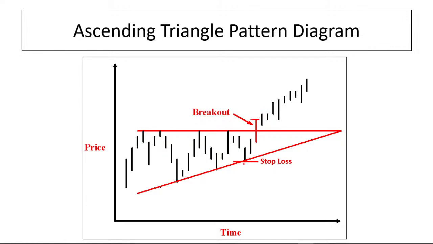Your initial stop loss is the last retest of the lower trend line. So you're connecting the higher lows and setting your initial stop loss essentially at the last higher low, right below it.